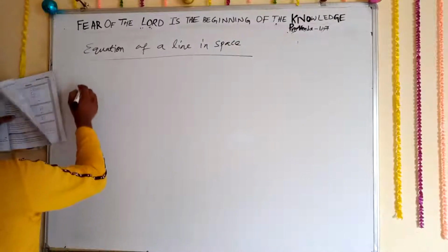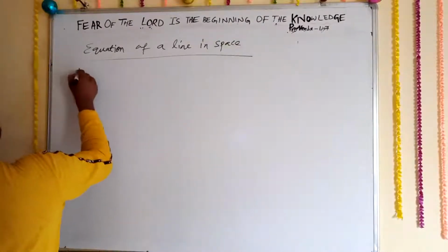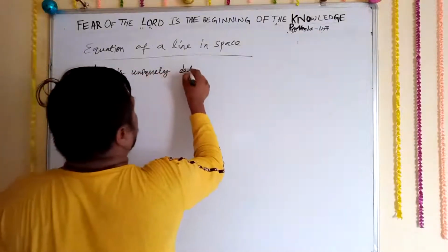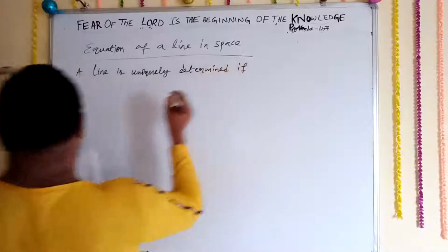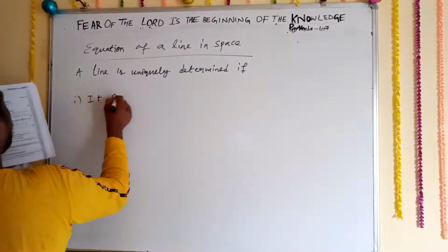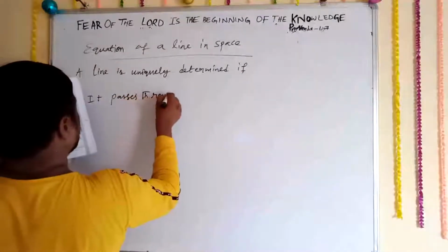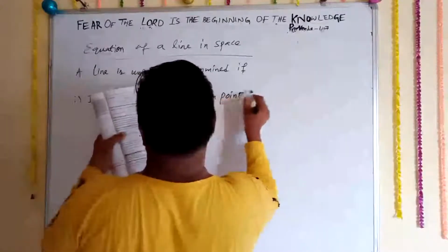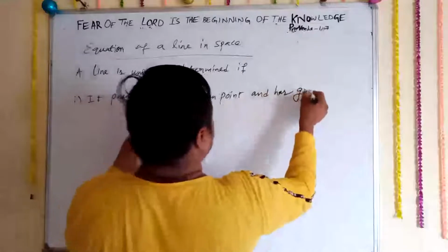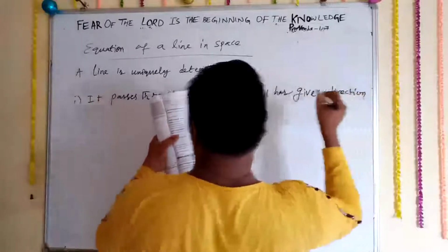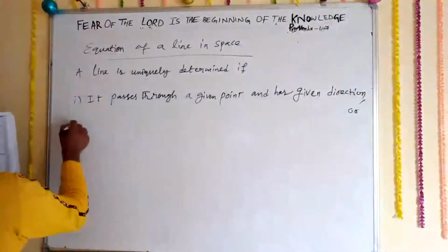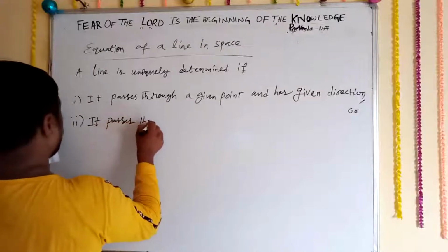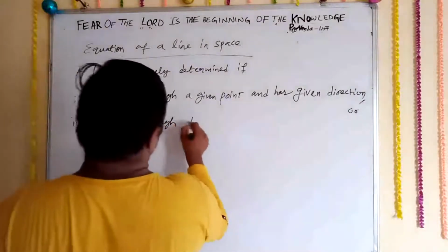In that, first, a line is uniquely determined if the first case is it passes through a given point and has a given direction, or the second one, it passes through two given points.